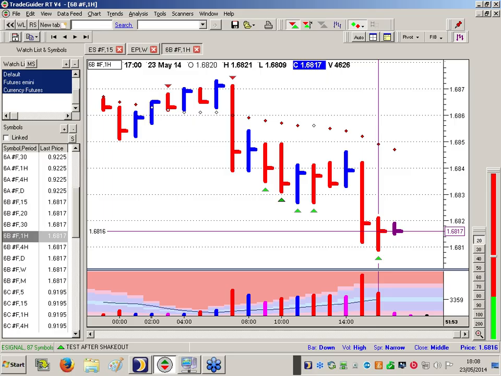Now it looks like some strength has appeared. Don't forget, this is for scalping purposes. Why? Because we appear after we've seen a fall, look.